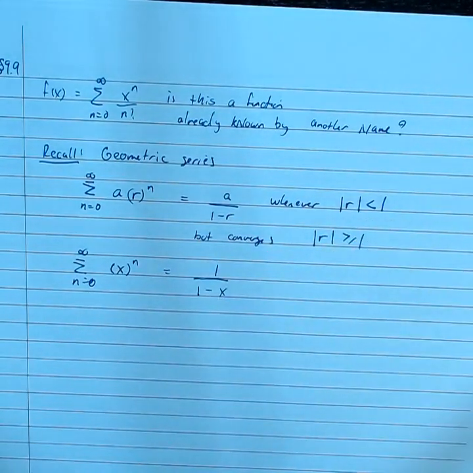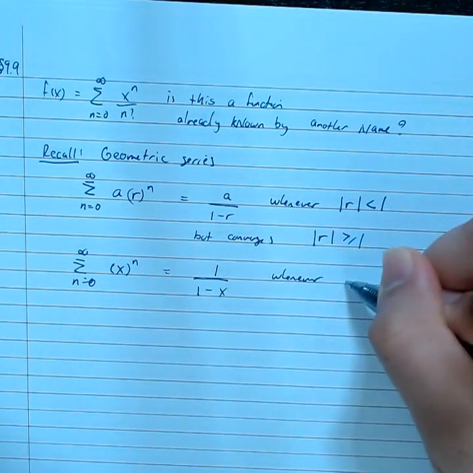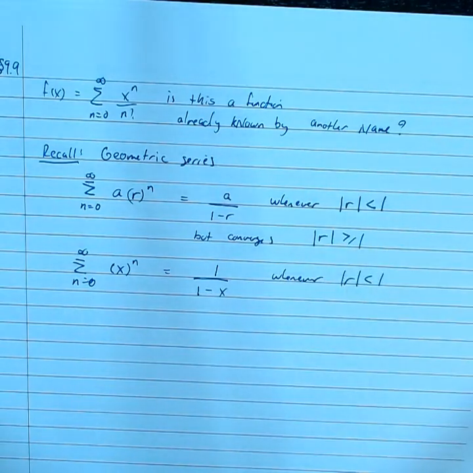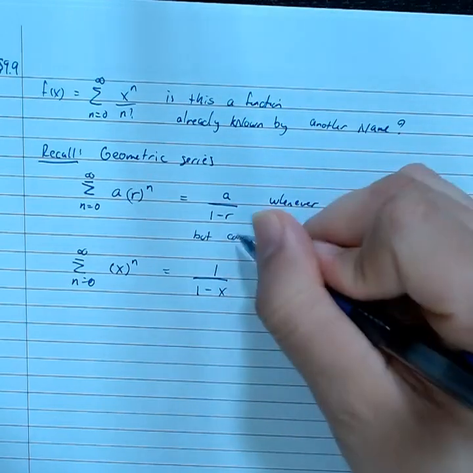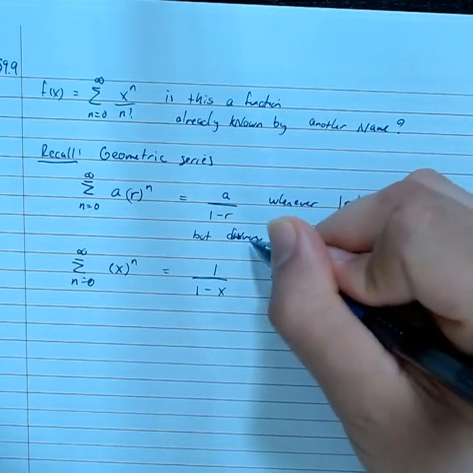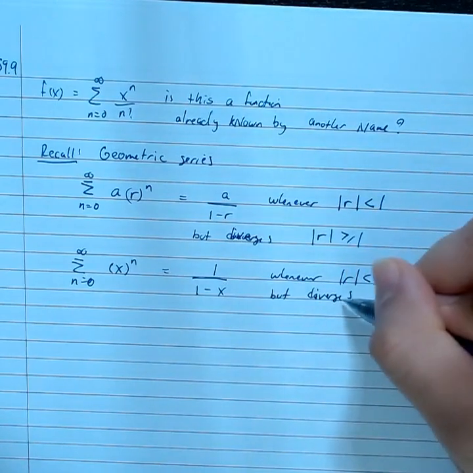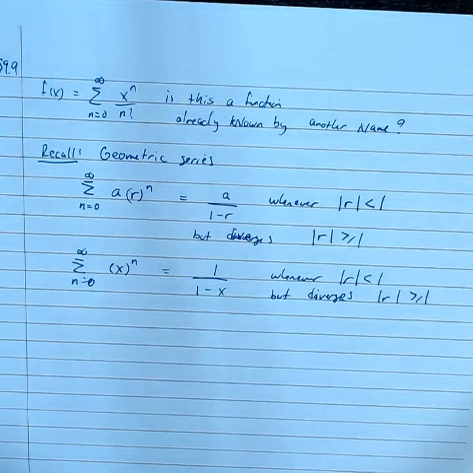But again, it won't always converge. It'll only converge whenever r is less than 1 in absolute value. That'll be our radius of convergence. But it'll diverge whenever the absolute value of r is greater than or equal to 1.